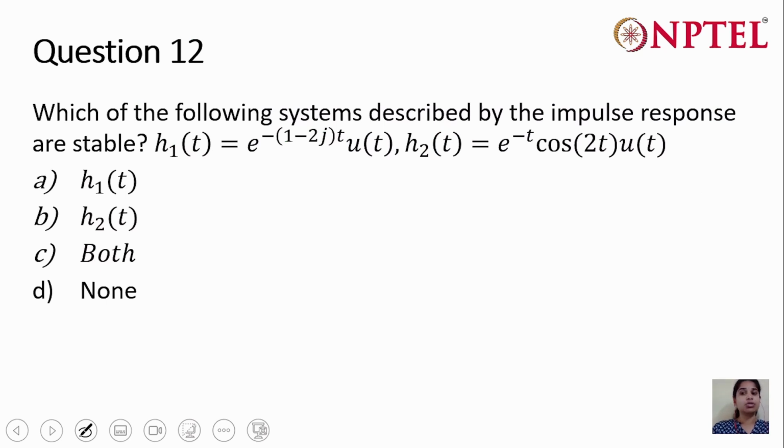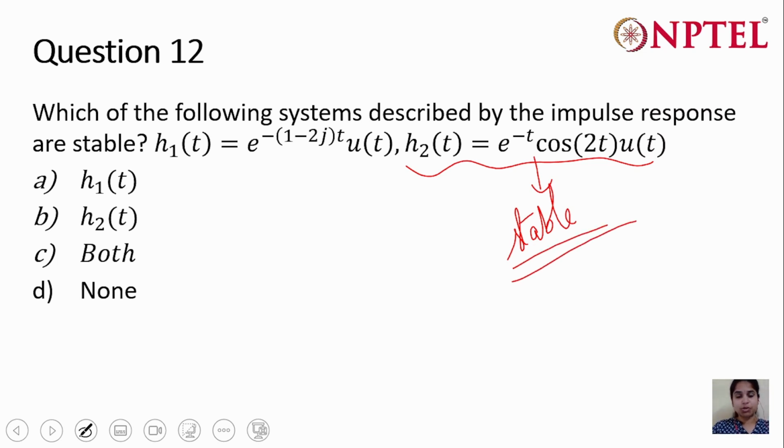Now we have two systems. We have two impulse responses, H1 and H2. Can you guys tell which of the impulse responses indicate a stable system? We already saw that this is a stable system. What you guys have to do is find whether H1 is stable or not.